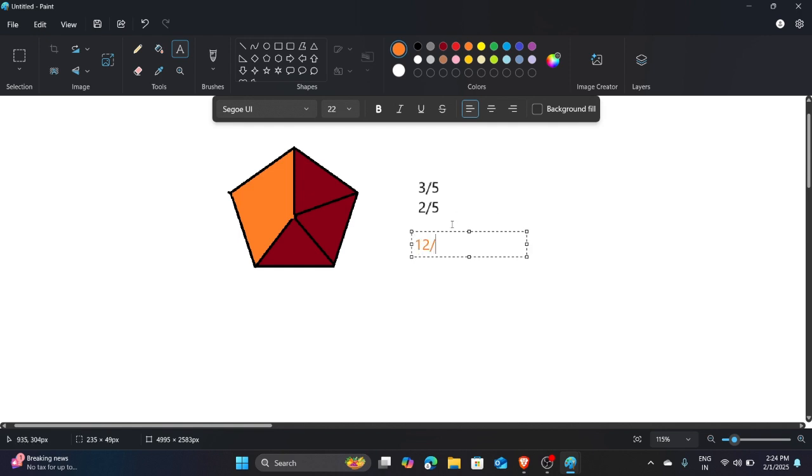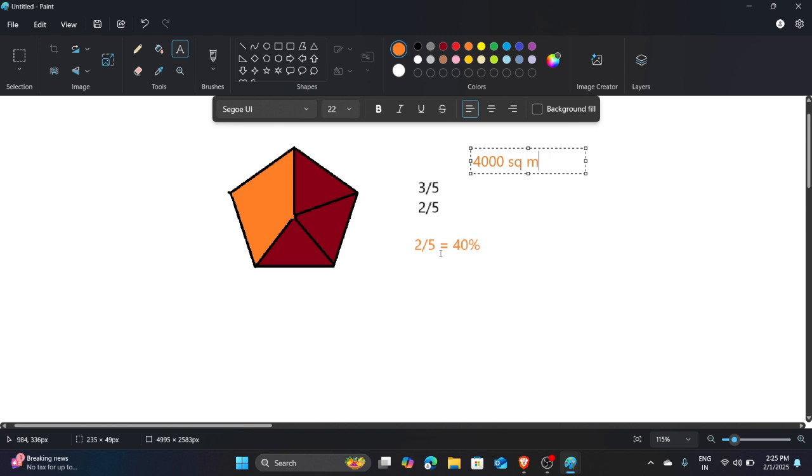If this fraction is 2 by 5, it is nothing but the 40% portion of this whole area. If this is the whole area, then this is 40% of it. What does it mean? Suppose we consider the whole portion as 4,000 square meter.